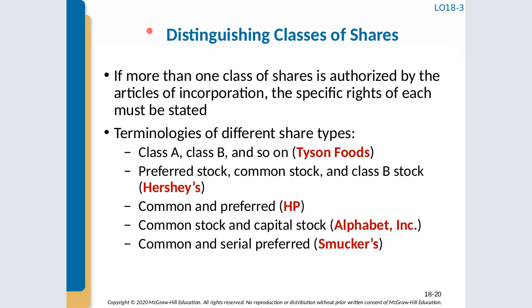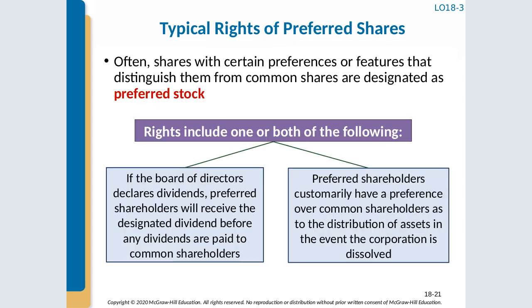The corporation may also have different classes of shares. So these different classes of shares will have different rights. Okay, so that's just to entice, kind of provide options to the shareholders. And then we have the preferred stock shareholders. Not all corporations have preferred stock.